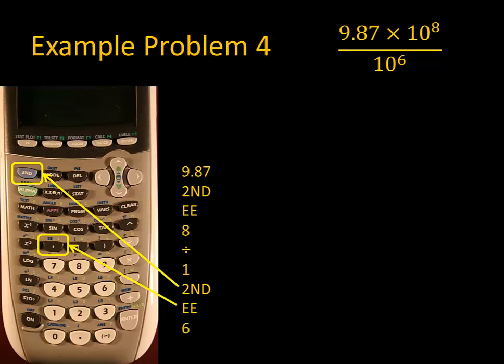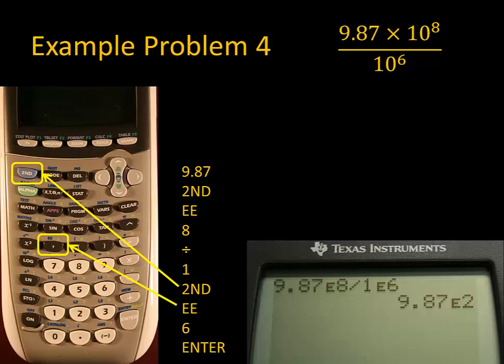That may differ from what you did. Enter, and the result is 9.87 E2, or 9.87 times 10 to the second.